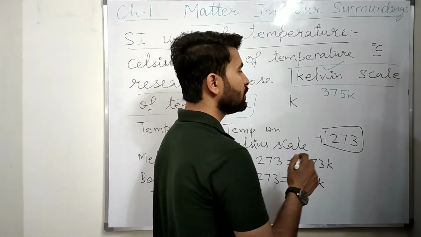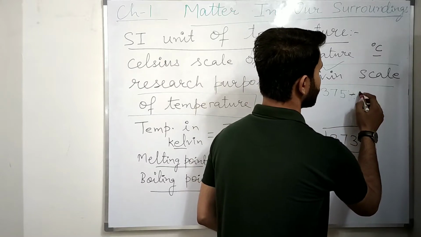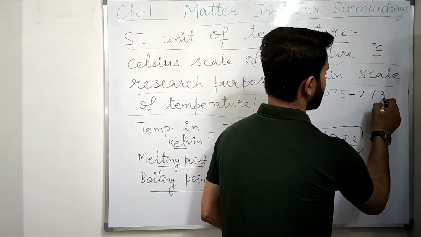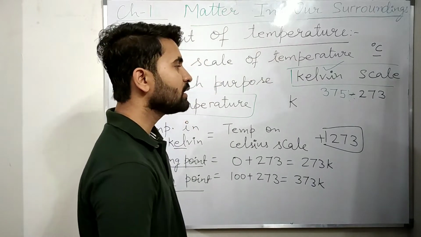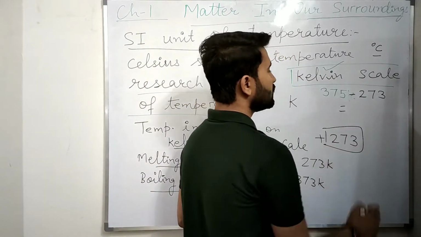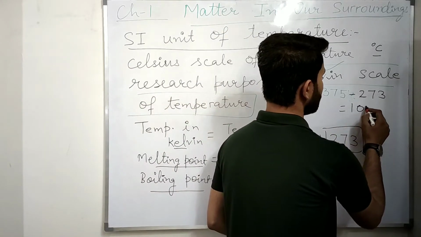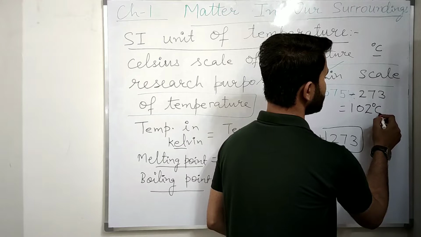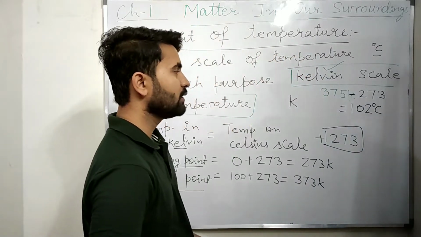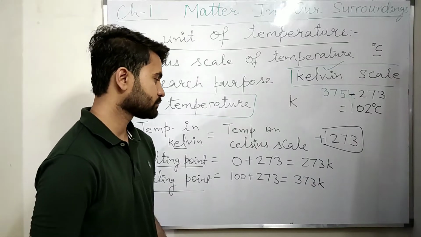So we will subtract 273 from it. After subtracting 273, we will get the result, that will be 102 degree Celsius.